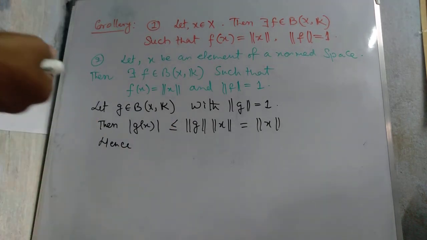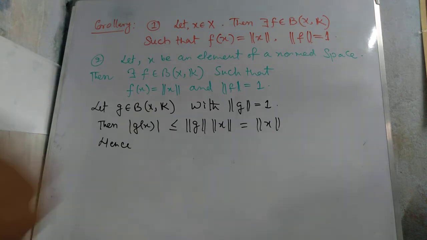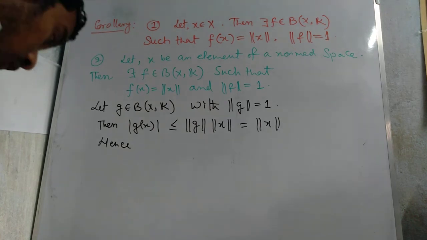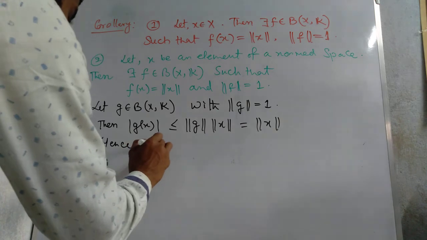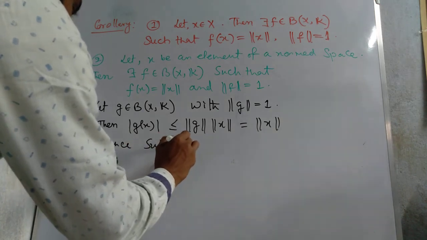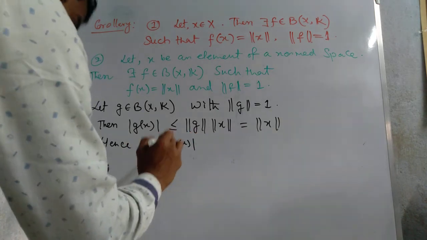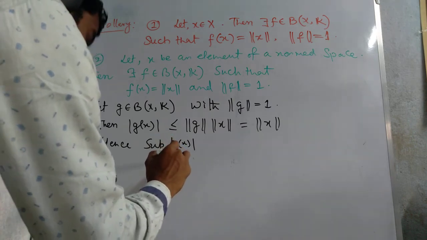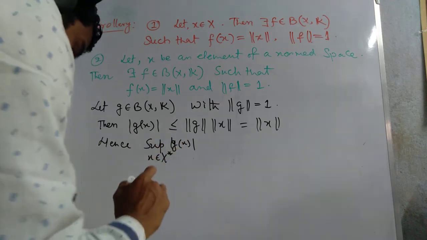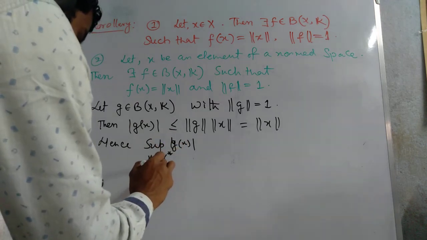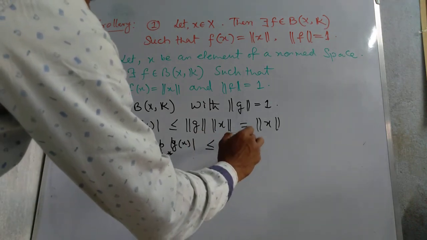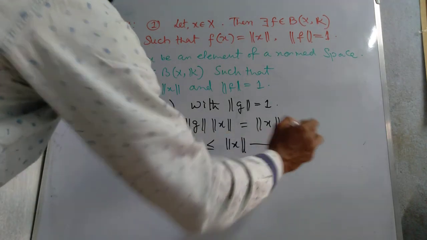Here we are just taking the modulus since g is a functional whose range is the scalar field K. So now taking the supremum of |g(x)|, where g belongs to X star, we get that it is less than or equal to norm of x, marked as 1.